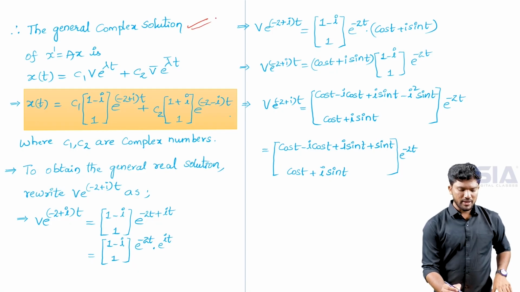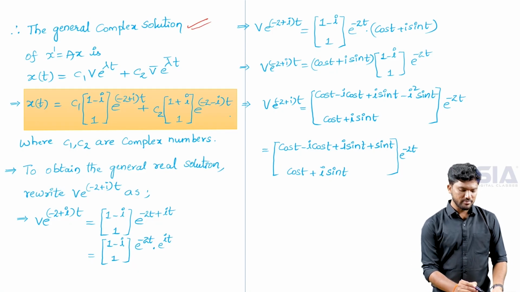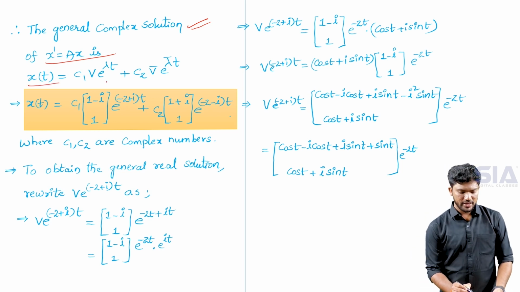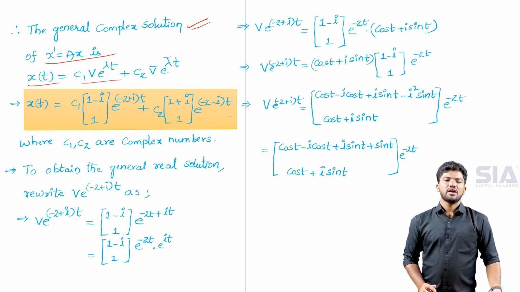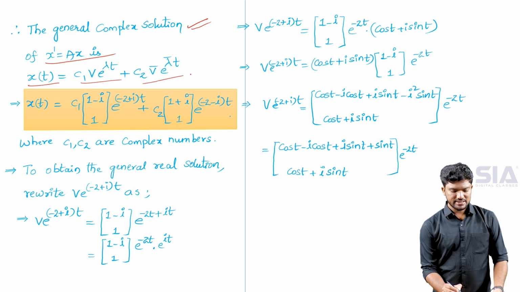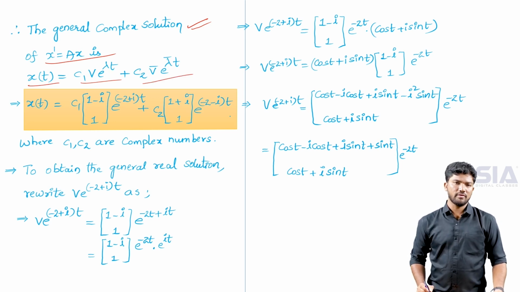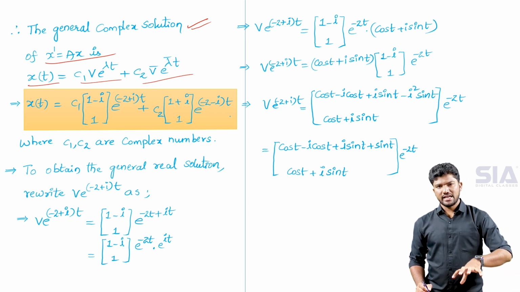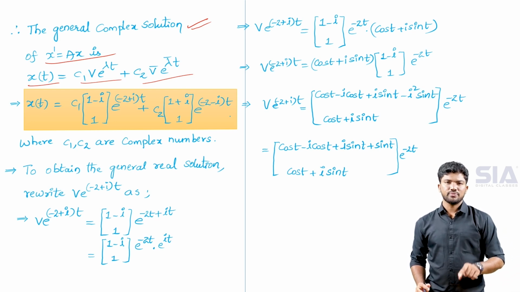Now the general complex solution of the dynamical system x dash is equal to Ax is given by x of t equal to c1 v e power lambda t plus c2 v bar e power lambda bar of t. In complex eigenvalues we can take this format.